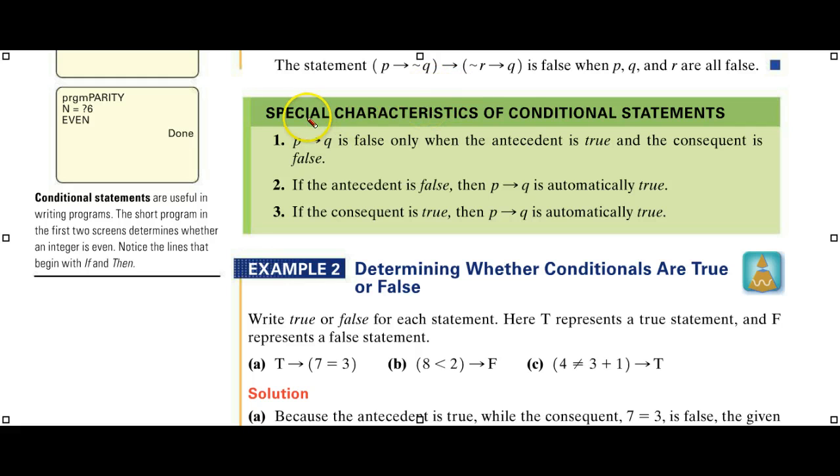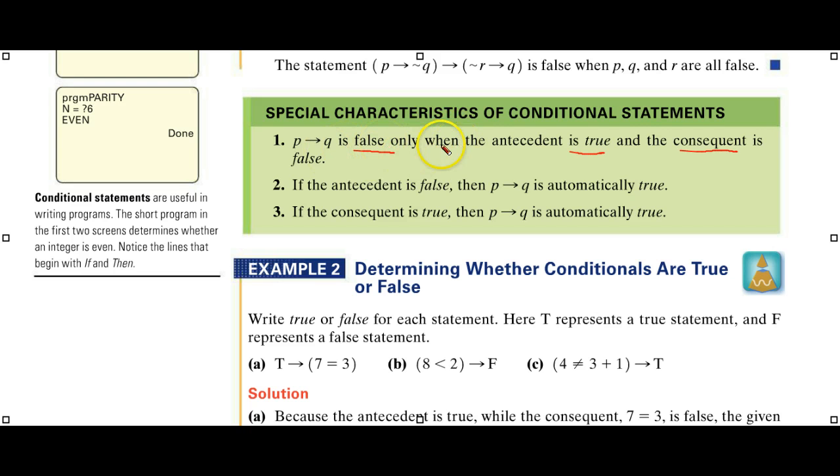Now, some other little special characteristics of conditional statements would be P yields Q is false only when the antecedent, that is the P, is true and the consequent is false.